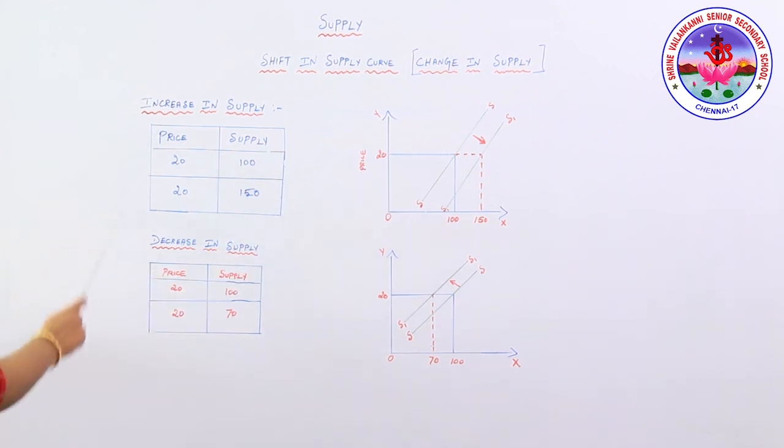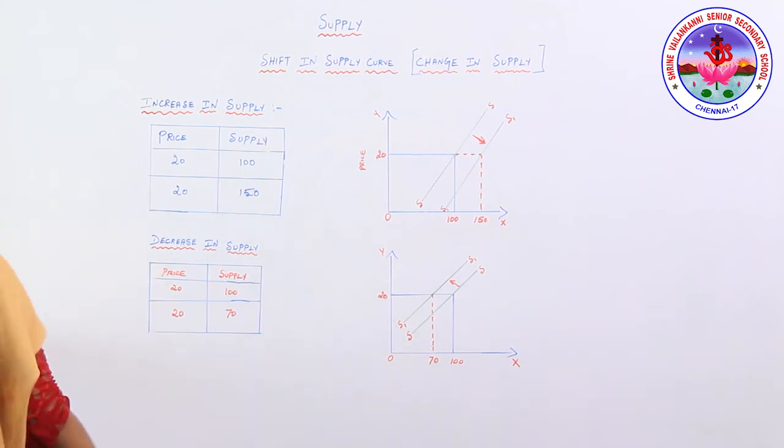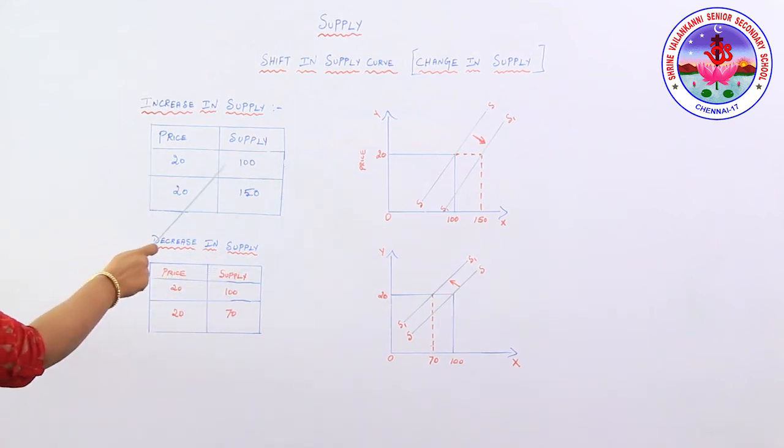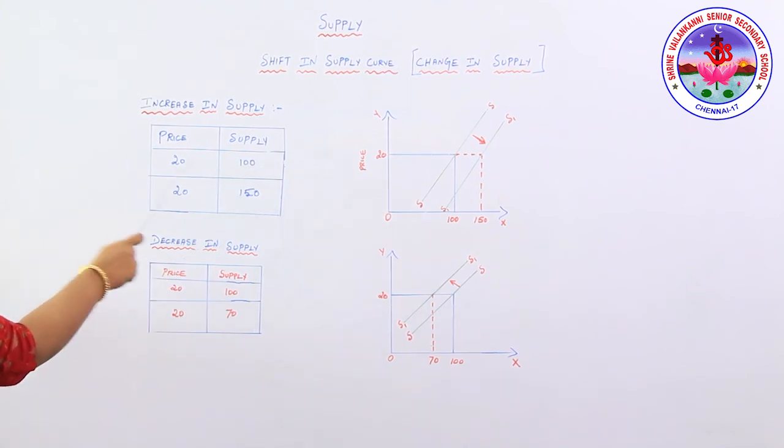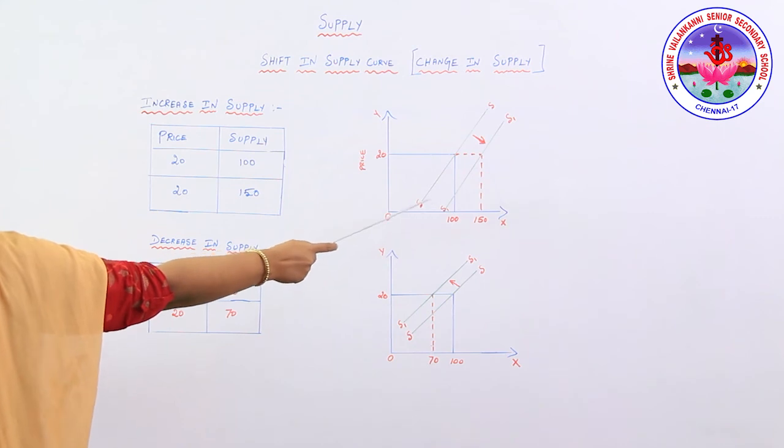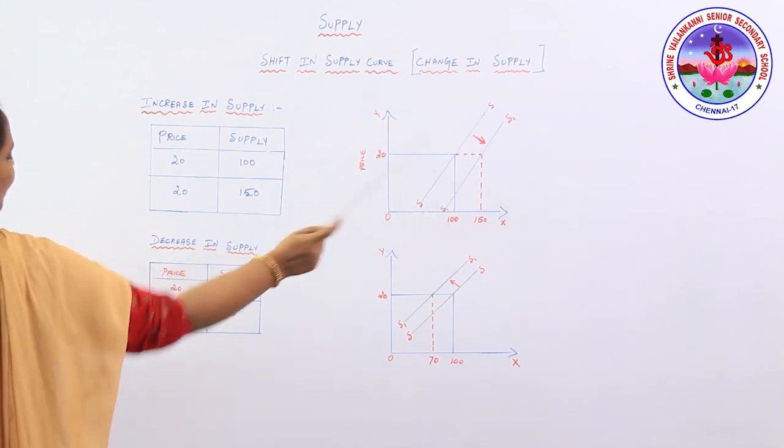In this schedule, the first column denotes the price and the second column denotes the supply. As seen in the schedule as well as in the diagram, supply rises from 100 units to 150 units at the same price of 20. That results in a rightward shift in the supply curve from S to S1.